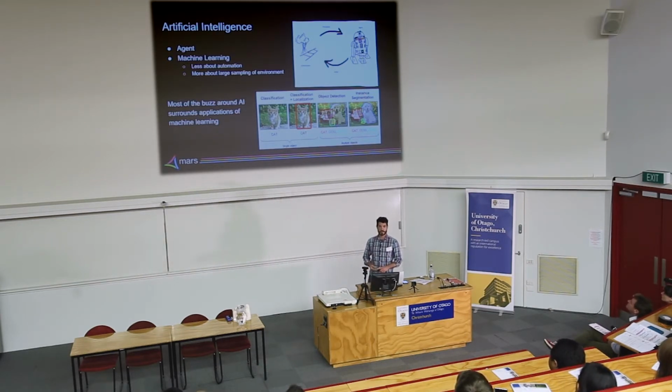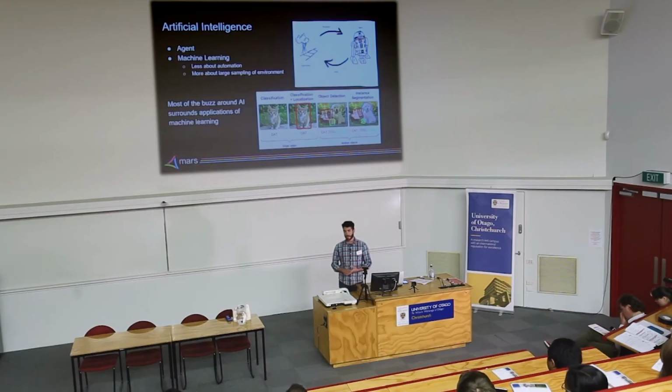So what we're not doing here today is broad artificial intelligence. Broad artificial intelligence usually means you've got some kind of actor or agent that is interacting with an environment. It has to have automation. It has to be able to take actions and do things like that. We're not building the next Skynet or something like that.